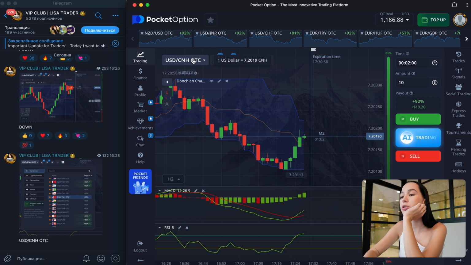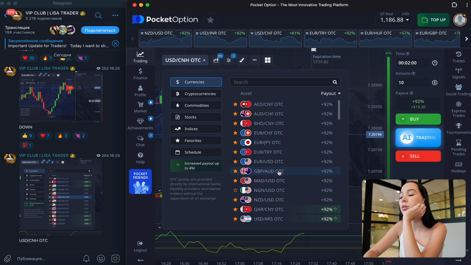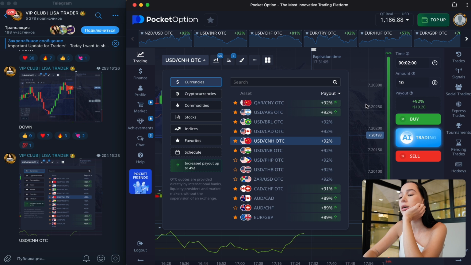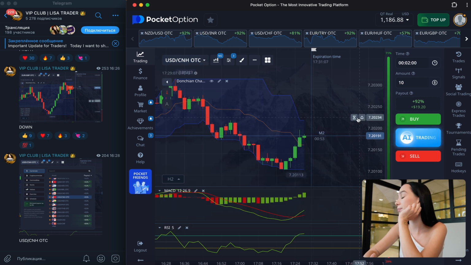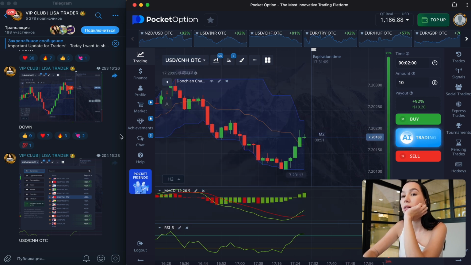So it's US dollar and CNH. I think it's Chinese currency, if I'm right. I cannot know all of the currencies, right?